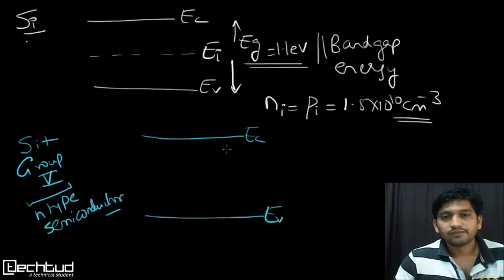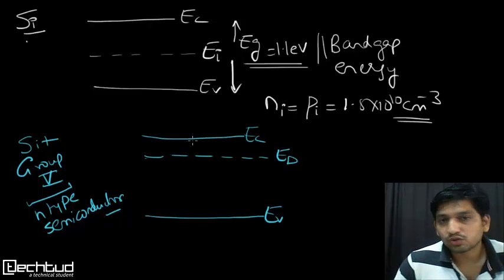Now the electrons will be more towards the conduction band, because the number of electrons available at the conduction band will be more. The introduction of N-type or donor-type impurities will create one more energy level, that is E donor, which is very close to EC.